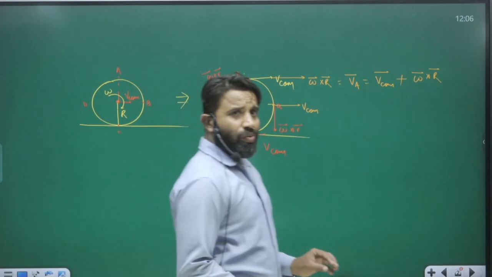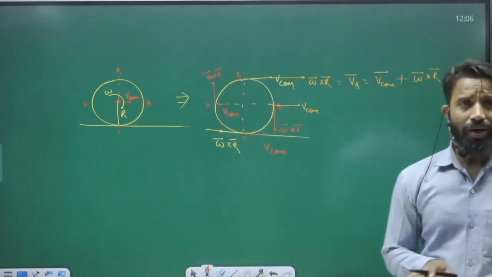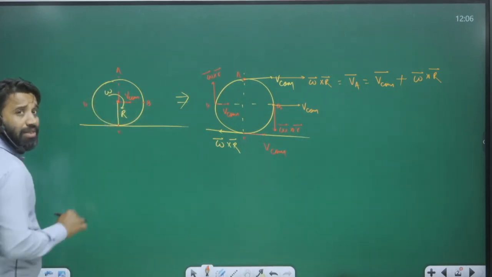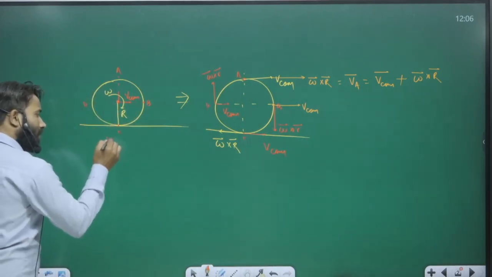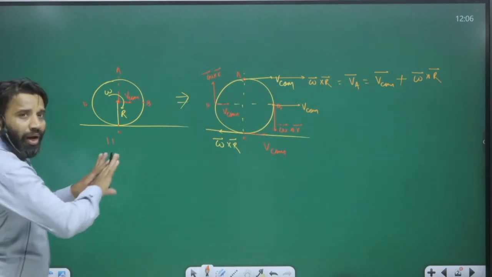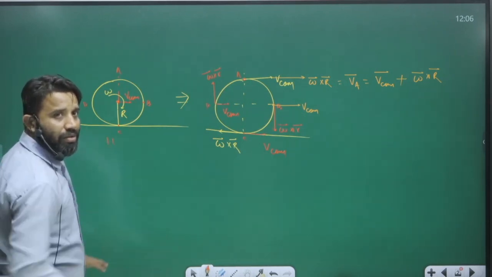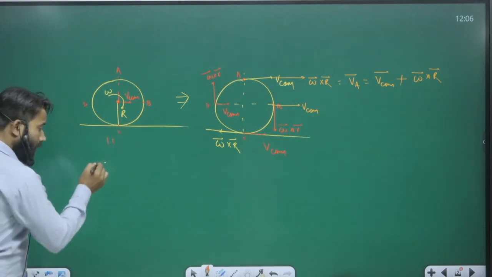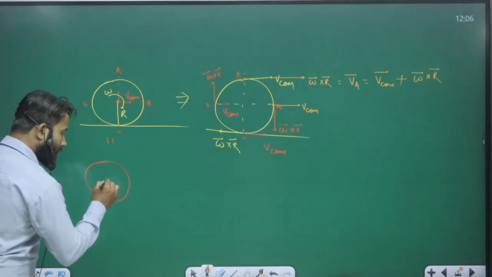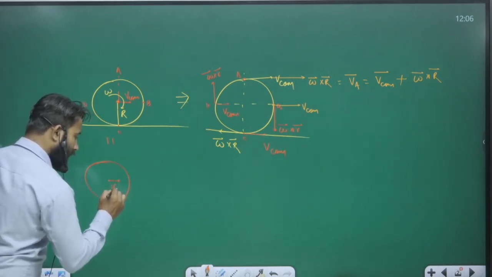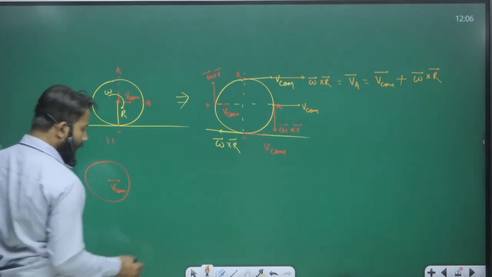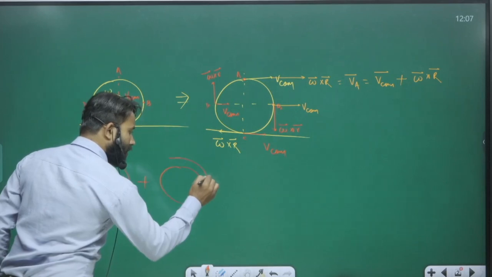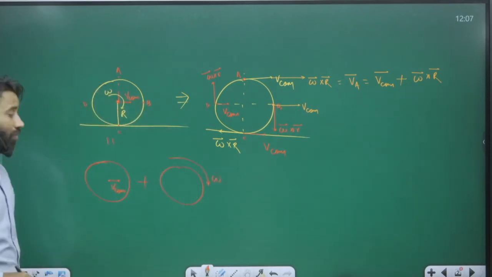Now to simplify this, what we can write, this diagram where the body is translating as well as rotating, we can divide the diagram into two parts, one in which the body is only translating. So, let us say this center is having some velocity v com, and another diagram in which this body is only rotating with some angular velocity omega.